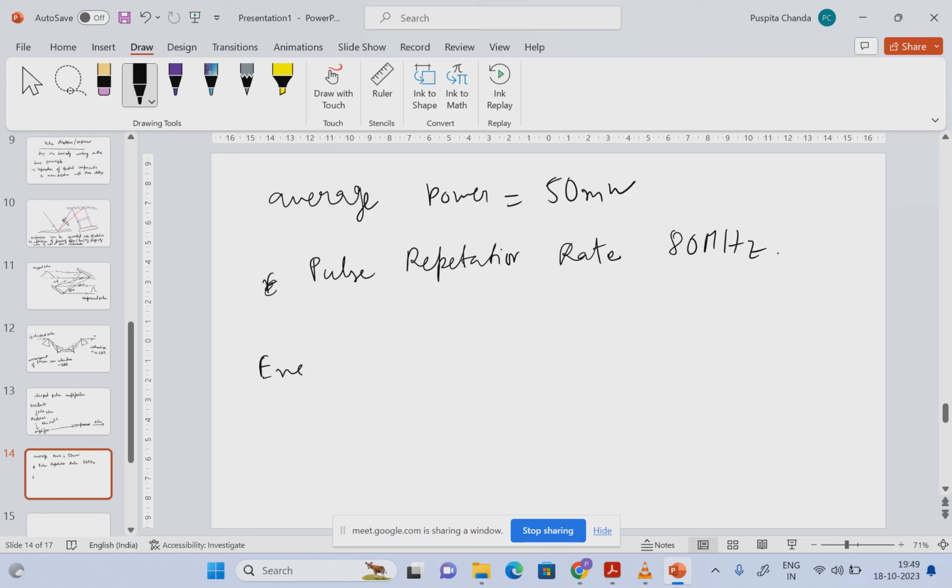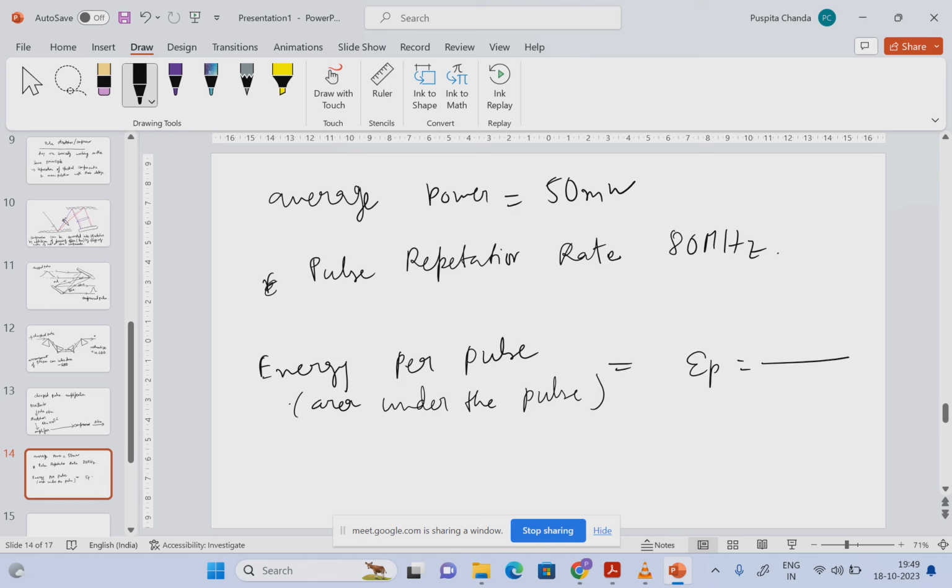Okay, so energy per pulse, which is actually the area under the pulse, is equal to 50 milliwatt divided by 80 megahertz. By this, it will be about 6.25 nanojoule.